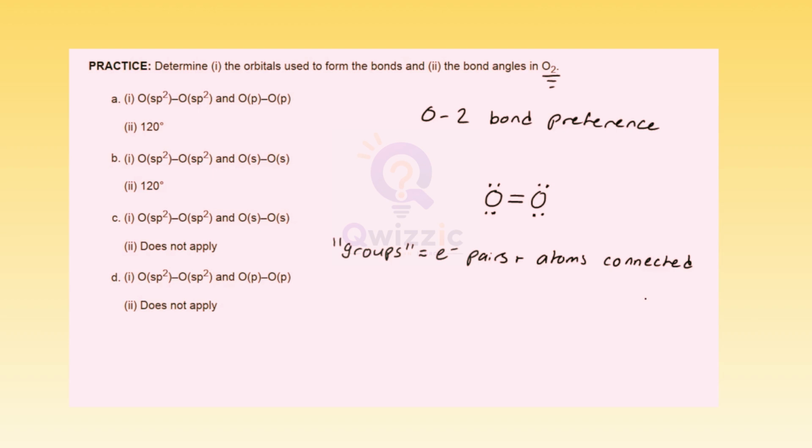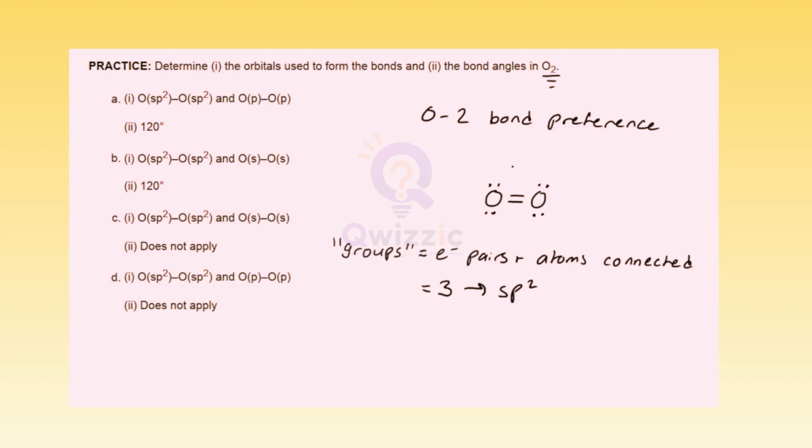So focusing our attention on either one of these oxygen atoms, we have 2 electron pairs and only one other atom connecting to the atom of interest. So this makes a total of 3 groups, which corresponds to sp2 hybridization.